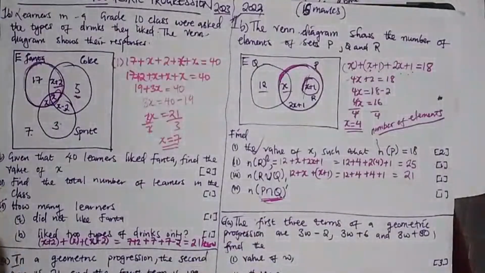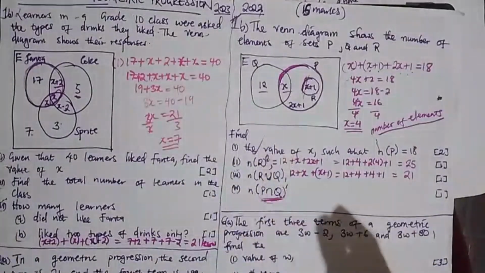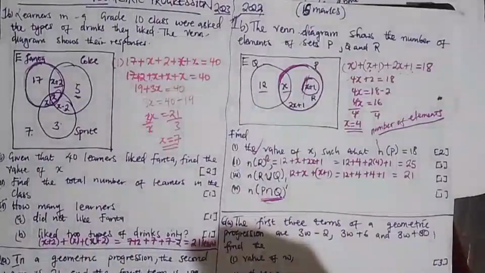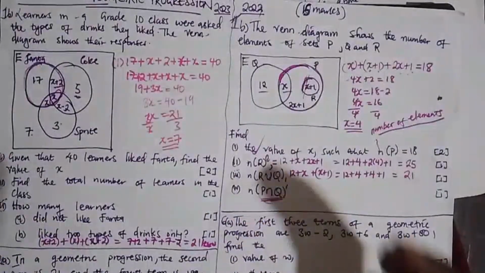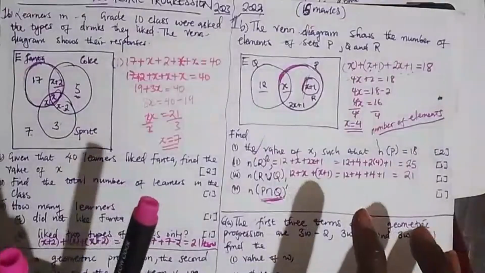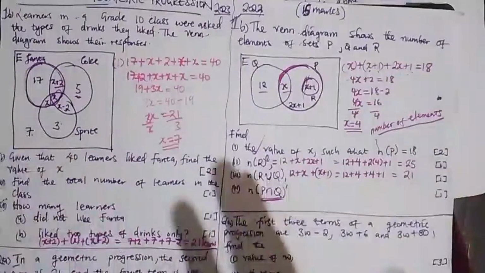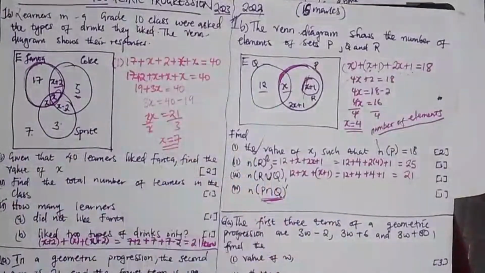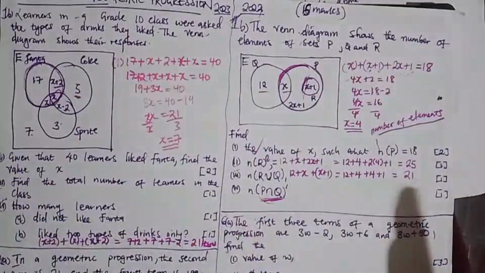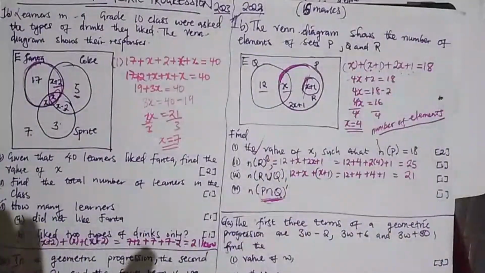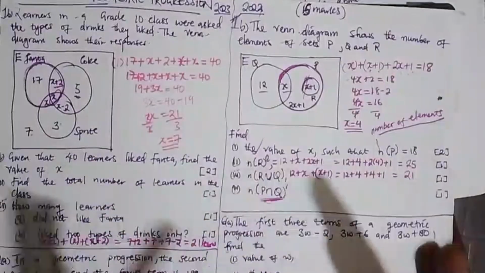Before identifying where P intersection Q is, you need to identify the meaning of intersection. When they say intersection, they are saying what is common in P and Q. What is common in sets P and Q? So what is common in sets P and Q is what?